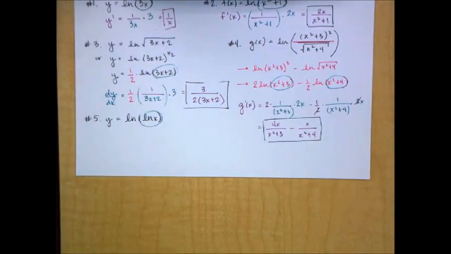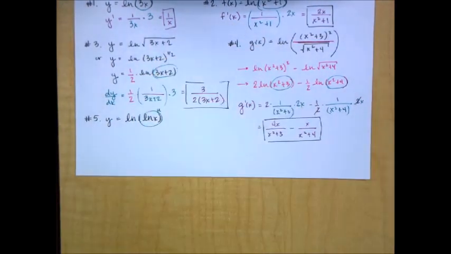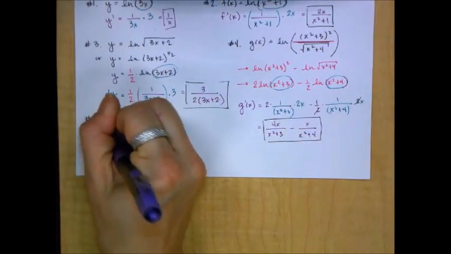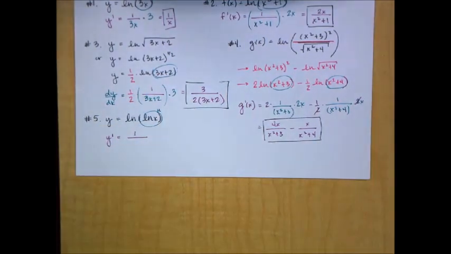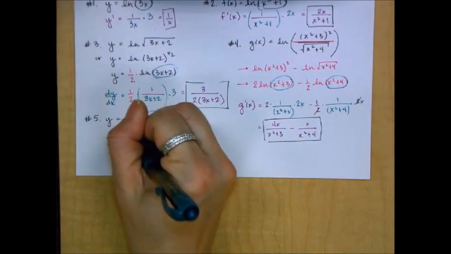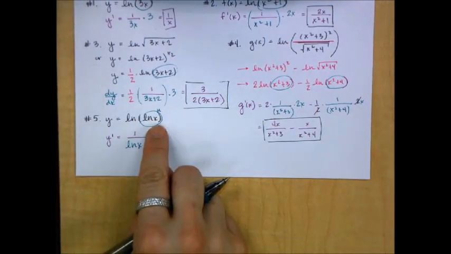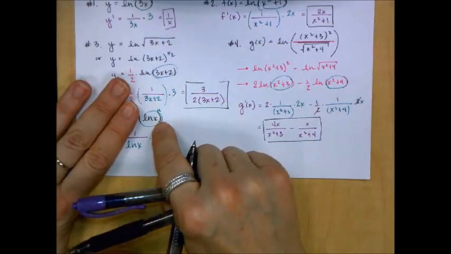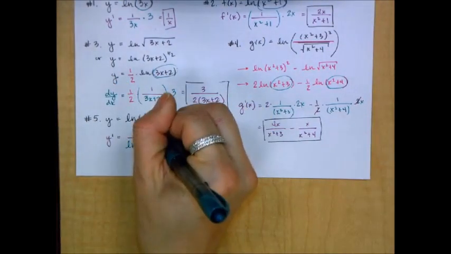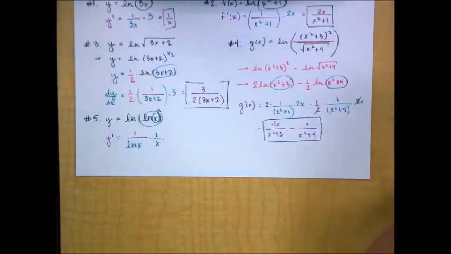So the derivative of y is 1 over what's inside, so 1 over ln x, times the derivative of natural log x. The derivative of natural log x is 1 over what's inside, 1 over x, times the derivative of x, which would just be 1. So right here, we get 1 over x times ln x.